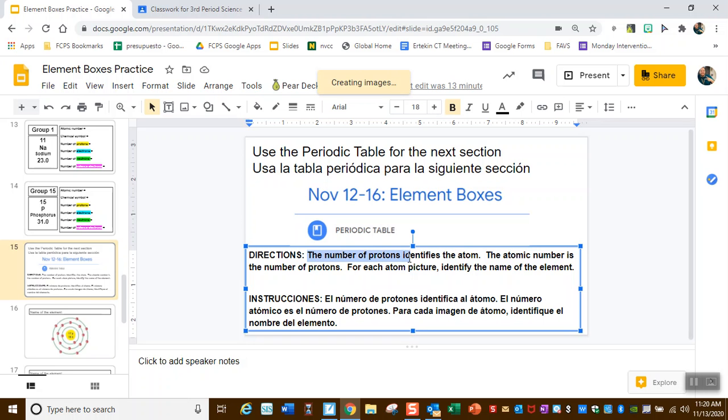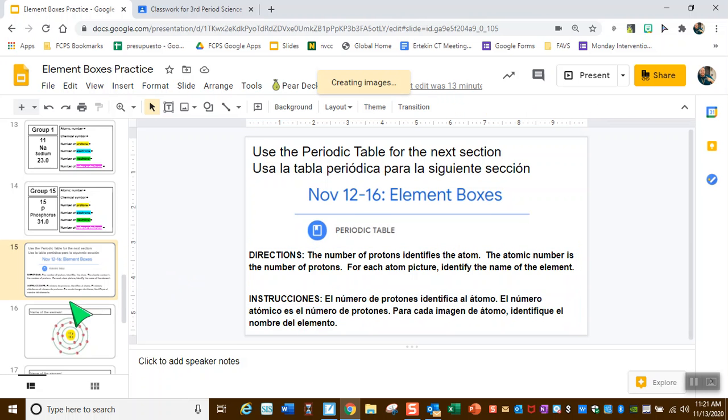The number of protons identifies the atom. The atomic number is the number of protons. For each atom picture, identify the name of the element. El número de protones identifica el átomo. El número atómico es el número de protones. Para cada imagen de átomo, identifica el nombre del elemento.